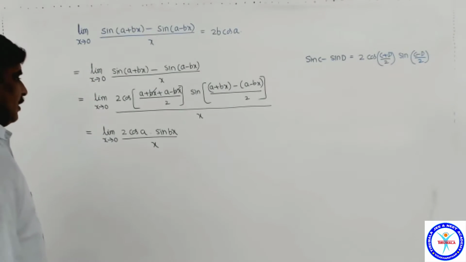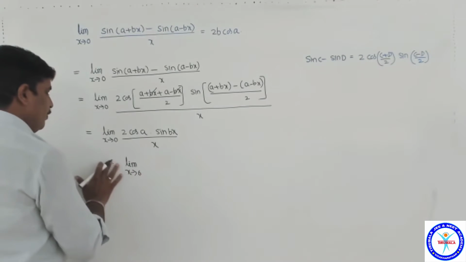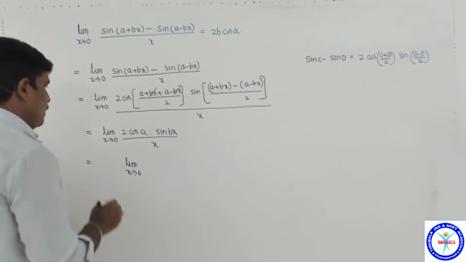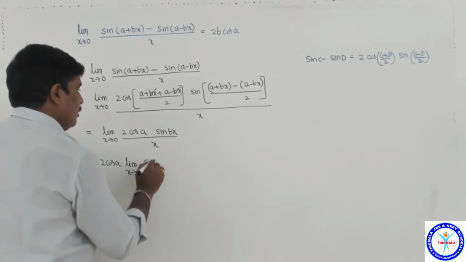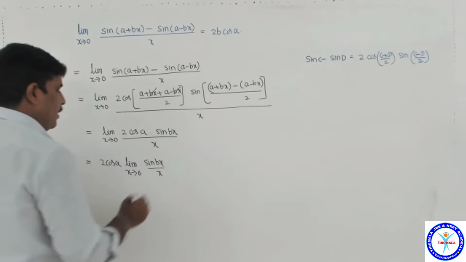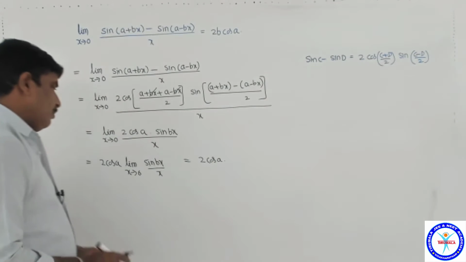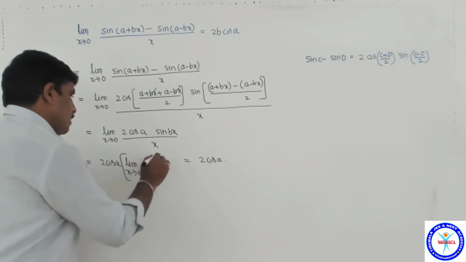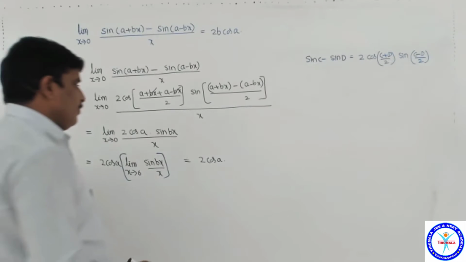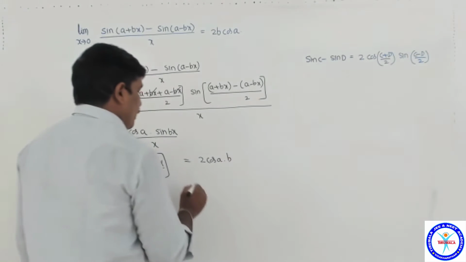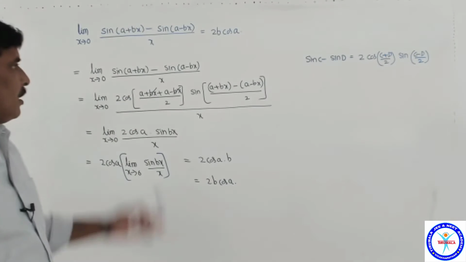Now separate the limit value. 2 cos a is constant into sin bx by x. By the formula, limit x tends to 0, sin bx by x gives the constant b. So this is equal to 2 cos a into b, which is 2b cos a. Write down.